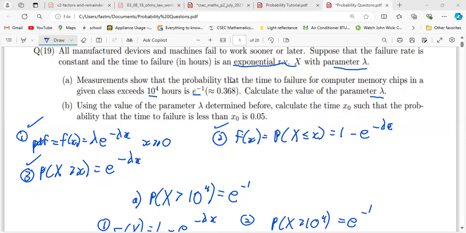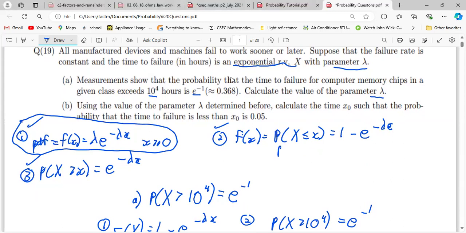So the first thing we need to take into consideration is the PDF for the exponential distribution, which is lambda e to the minus lambda x, where x is more than 0. The CDF, which is capital F of x, the probability x is less than or equal to x, is 1 minus e to the minus lambda x.